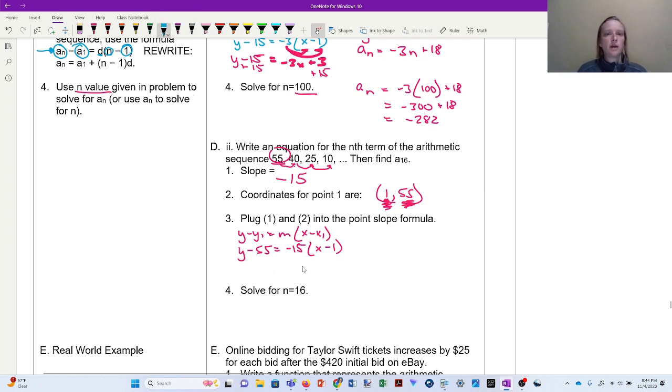So I will go ahead and do the distributive property here, negative 15x plus 15. And if I add 55 to both sides of the equation, I get that y equals negative 15x plus 70.